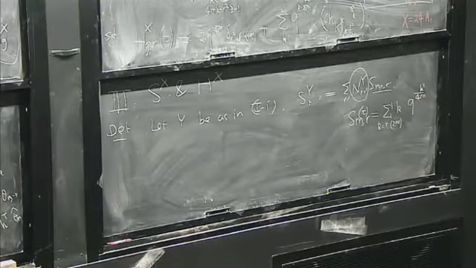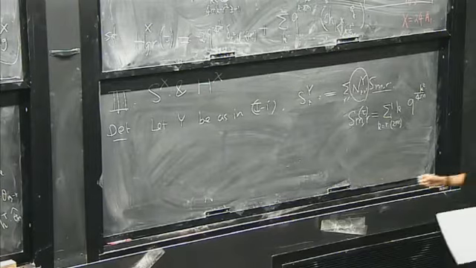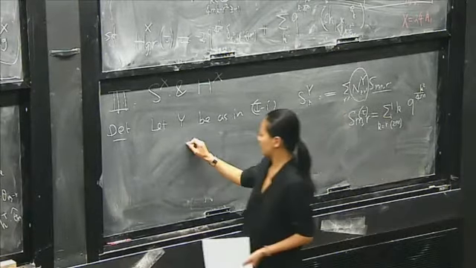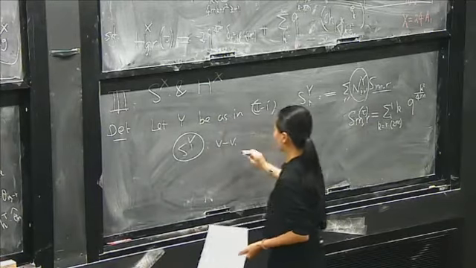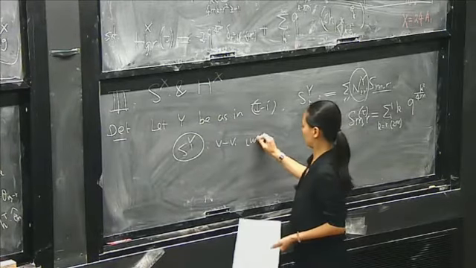Okay? So, in other words, this will be a vector valued modular form.